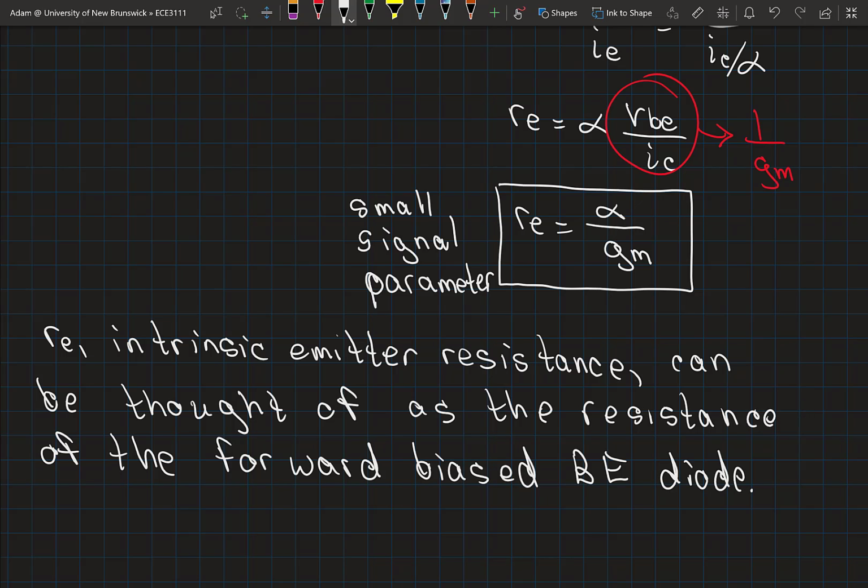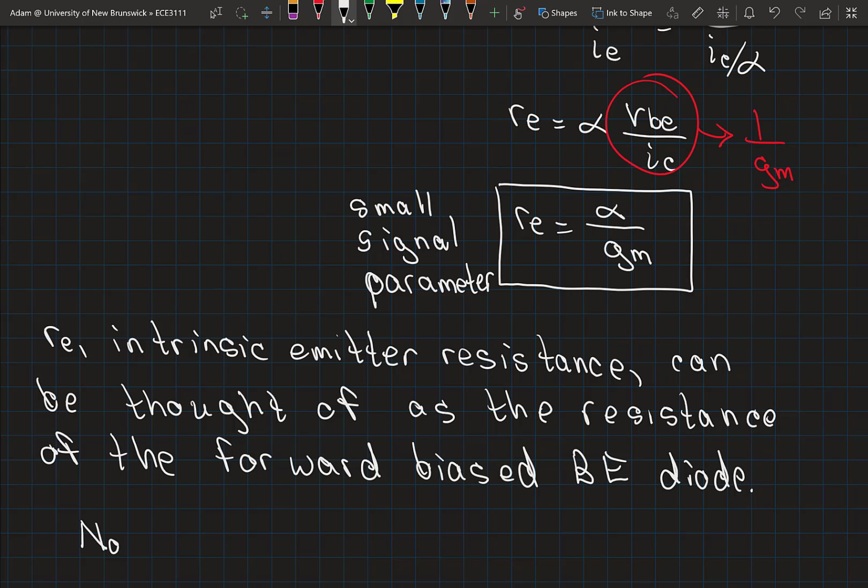Again, just like we did with our diodes, we come up with a small signal resistance of the diode, which we were able to use for small perturbations to the diode voltage and model it as purely a resistance. So we're doing that same thing here.